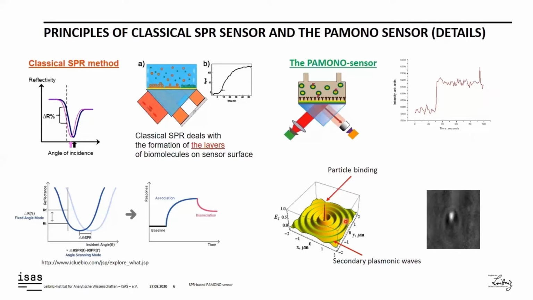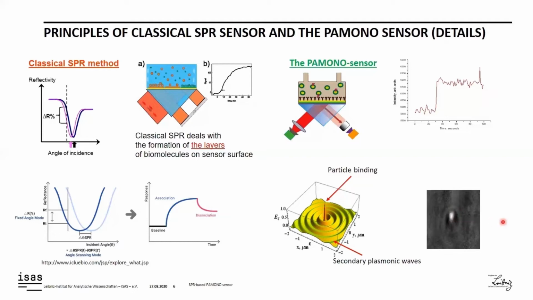So a nanometer particle causes a distinguishable signal, a secondary plasmonic wave, and this wave has micrometer size. That's the reason why a nanometer particle looks to us like a micrometer signal.